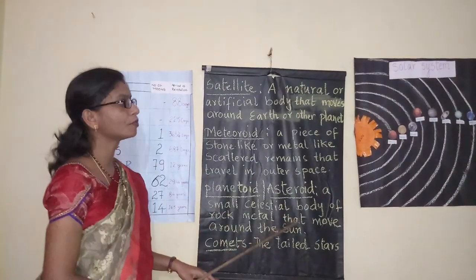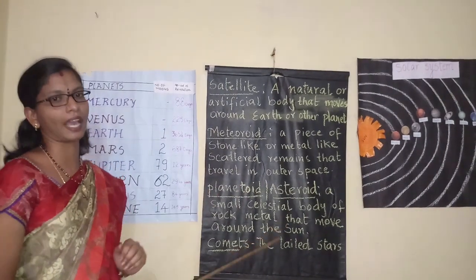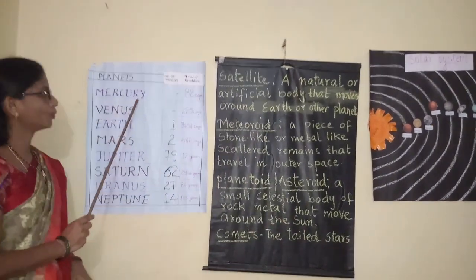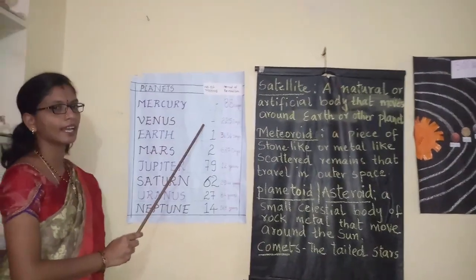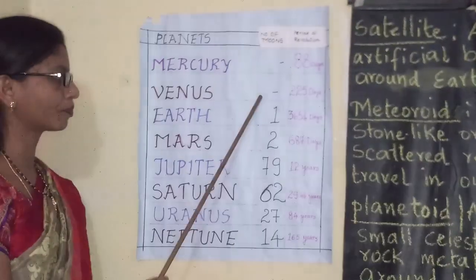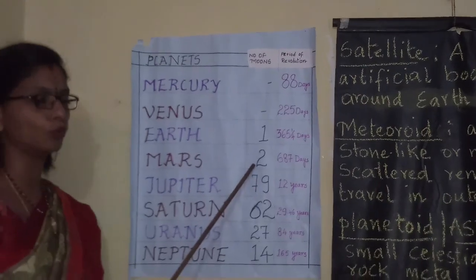And children, today we are going to learn about the number of moons that move around each planet. Mercury doesn't have any moon. Venus also doesn't have any moons in the solar system. Coming to the Earth, it has only one moon, and Mars has 2 moons.